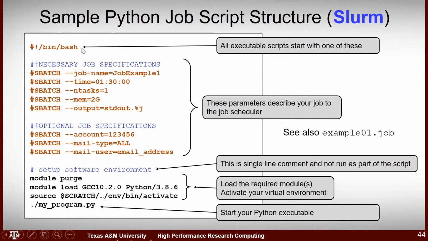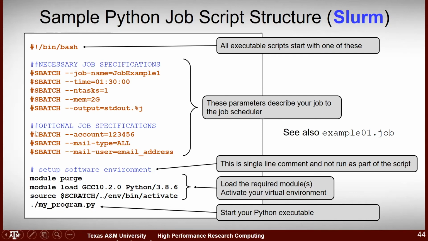And your Slurm job needs one of those so that Slurm knows what language your script file is. And then you have a bunch of these sbatch commands, and these sbatch commands are the parameters for your job scheduler. And they start with the hash symbol because hash denotes a comment in the bash language. So later, when this script gets executed, those are not executable lines.